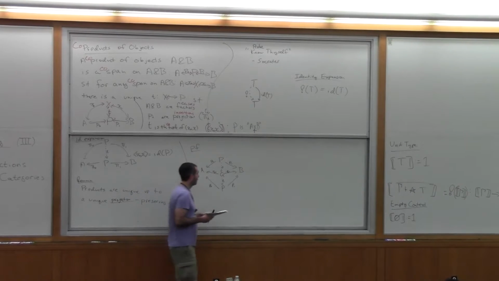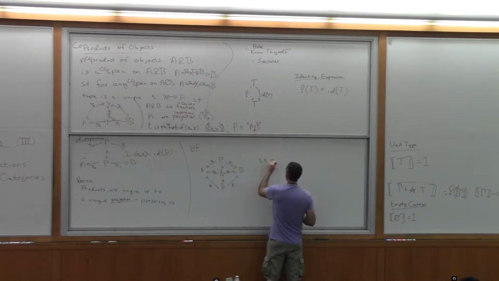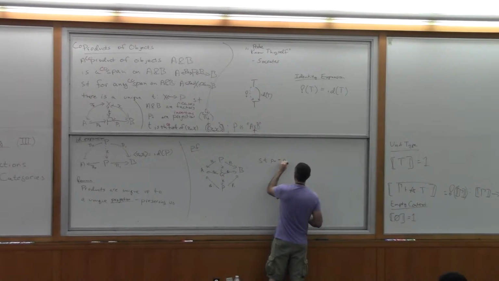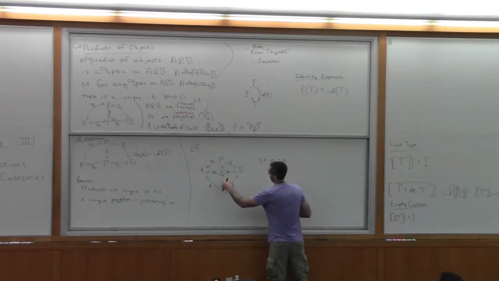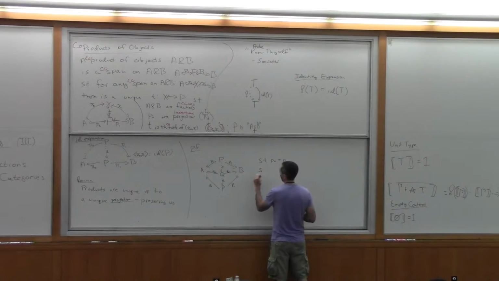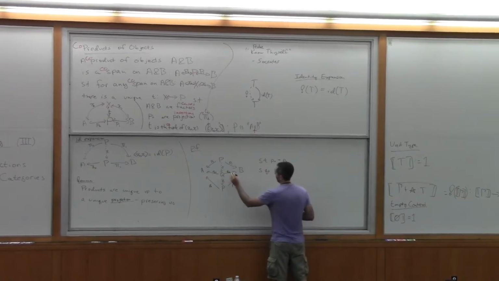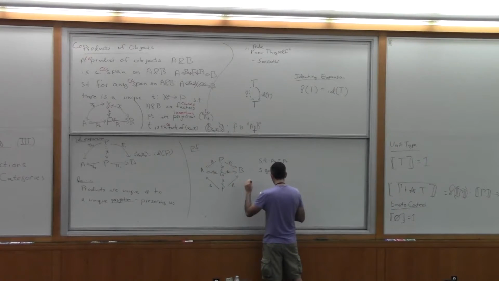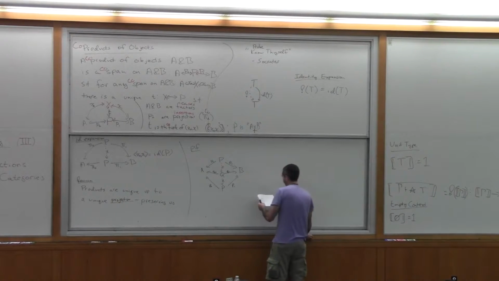Okay? So what do we know? We know S followed by T followed by P0 equals P0. But this triangle commutes, so we know S followed by Q0 equals P0. Wait, that's not what I wanted to say. Let me do this again.